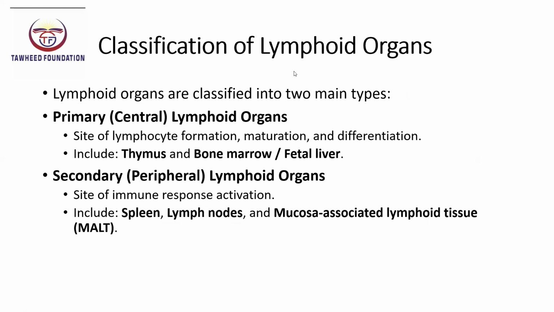Next is classification of lymphoid organs. Lymphoid organs are broadly divided into primary, that is central lymphoid organs, and secondary, that is peripheral lymphoid organs, types based on their functions in immune cell development and activity.